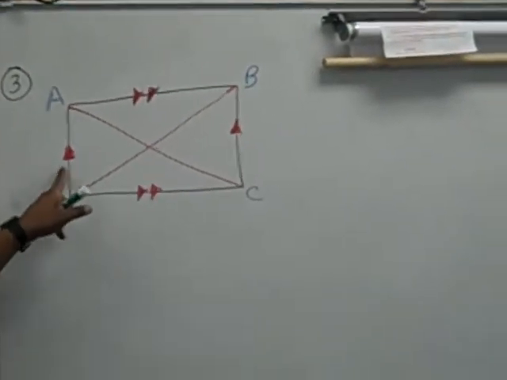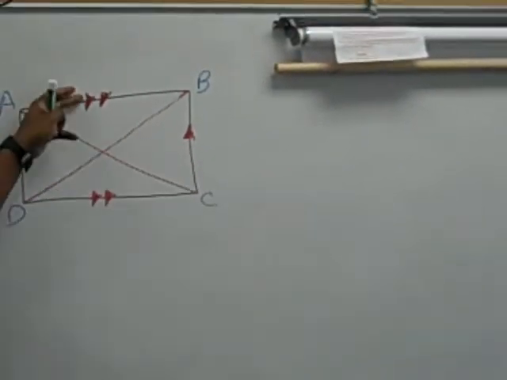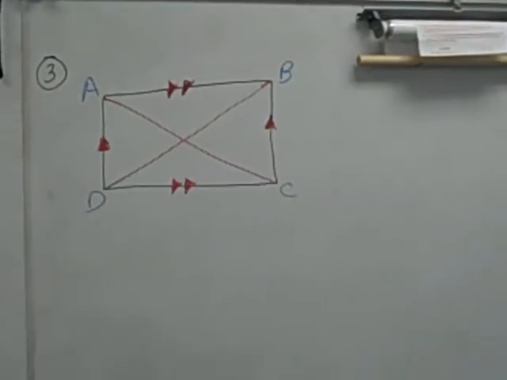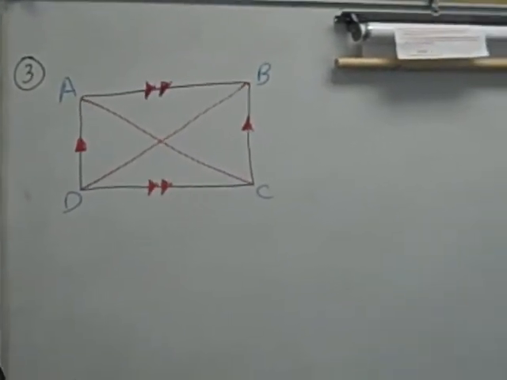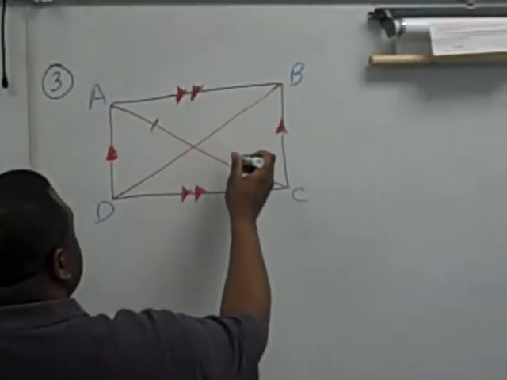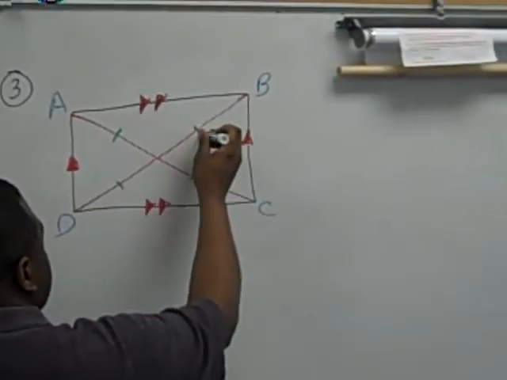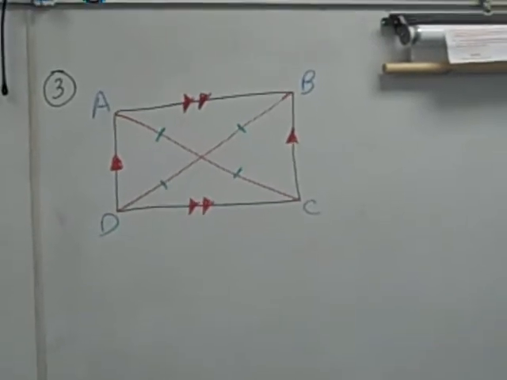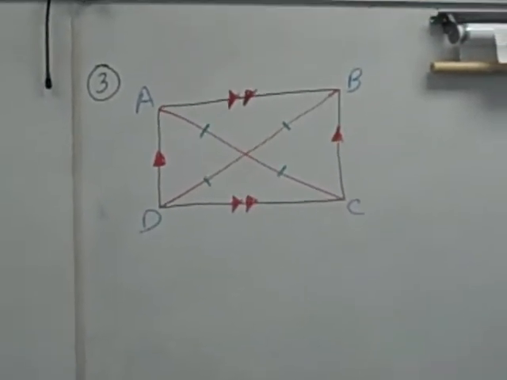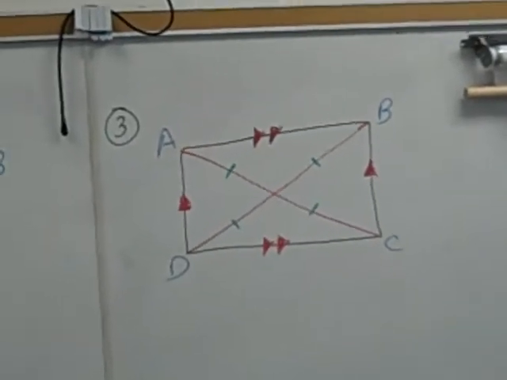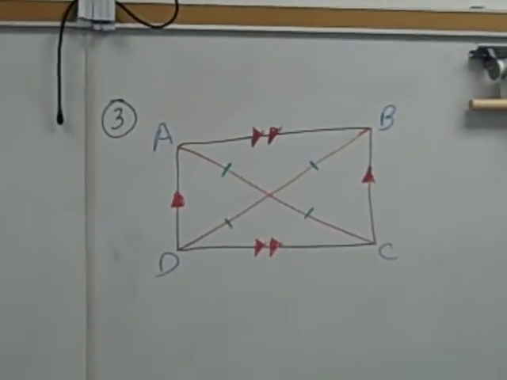We already know that they're parallel on opposite sides. And we can also do this. If I can do that, then I can say that this shape right here is indeed a rectangle.